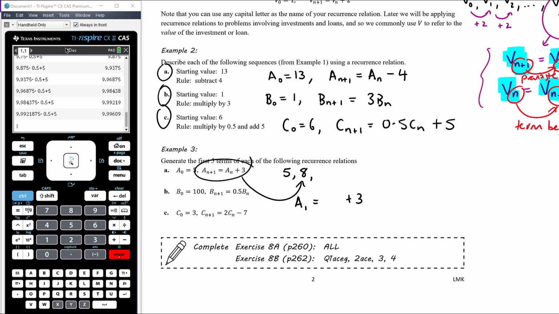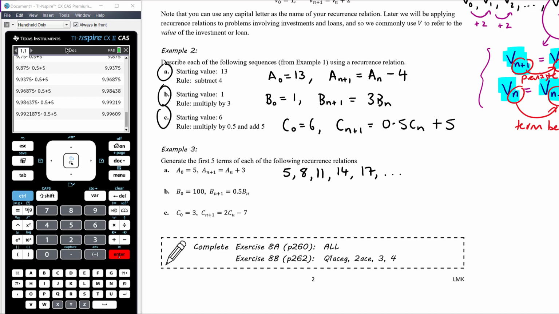At the next step, we're trying to find A2, which is A1 plus 3, and A1 is 8. 8 plus 3 is 11. Then A3 is A2 plus 3. A2 is 11, and 11 plus 3 is 14. So that's how the recurrence relation is working. We're adding 3 each time. Obviously it would continue on beyond that, but we're just asked to write the first 5 terms.